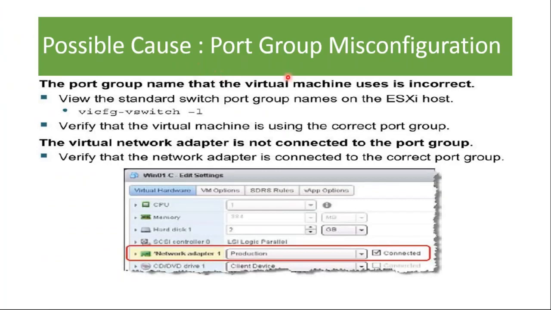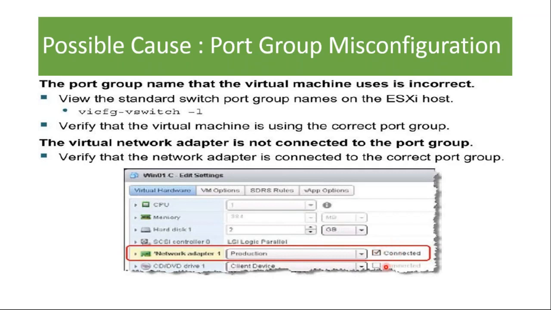One of the possible causes for your virtual machine network connectivity loss is port group misconfiguration. It means your network adapter is placed in a different port group from the one you are trying to reach. By right clicking your virtual machine and opening the configuration properties, you can see whether the network adapter is configured properly or not.